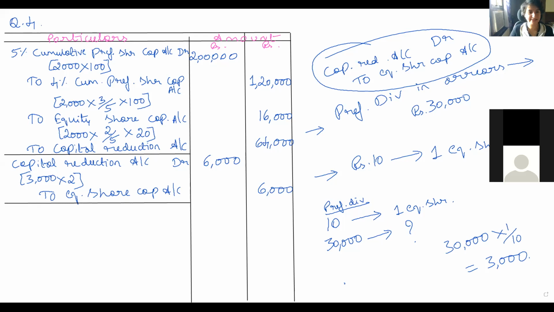Now next entry is for every 5 old equity shares, 1 new equity share of ₹2 each is issued. This is simple, है ना? 5 old equity shares. So equity share capital account debit. ये एंट्री मैंने आपसे पूछा नहीं because you are aware of that, है ना? So equity share capital account debit, कितना पहले equity shares था?